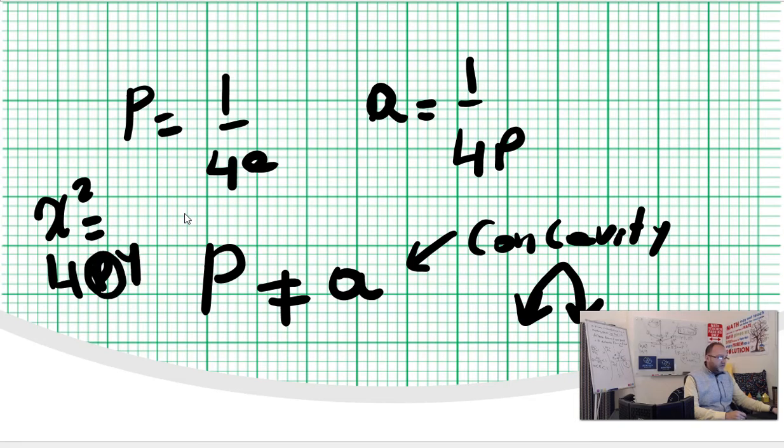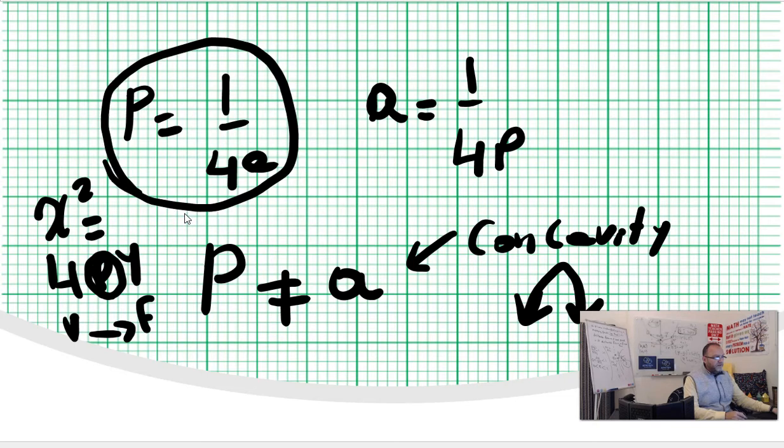This small p is the focal length, my FV, going from vertex to focus. Okay, that's the focal length. And this small p equals 1 divided by 4a, so subsequently, a is going to equal 1 divided by 4p. But p is not a, okay?